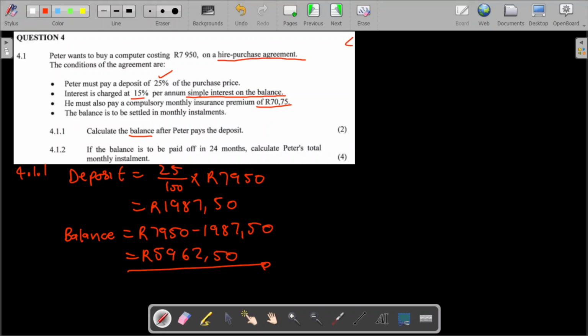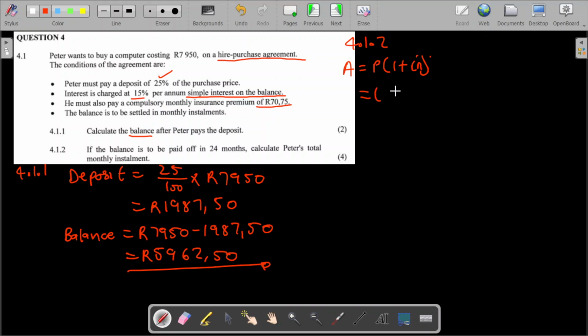Now let's get into the other one. 4.1.2, if the balance is to be paid off in 24 months, calculate Peter's total monthly installment. First, we must get the part where we are charging simple interest on the balance. A equals P times (1 plus i times n), simple interest. Remember, this is the balance that Peter is going to have, so we must get the interest of that balance.